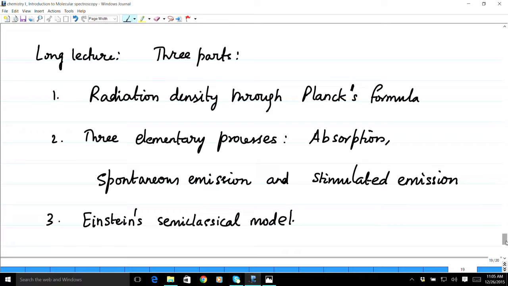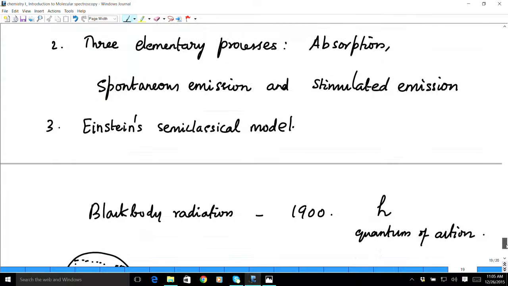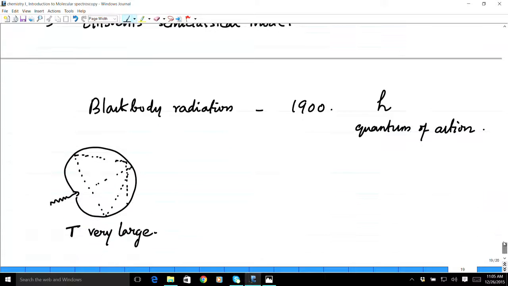First, let us look at Planck's formula. The object of interest for radiation density in Planck's formula is the idealized body known as a black body, which is heated to very high temperatures and is in thermal equilibrium with the radiation that gets emitted due to the heat.